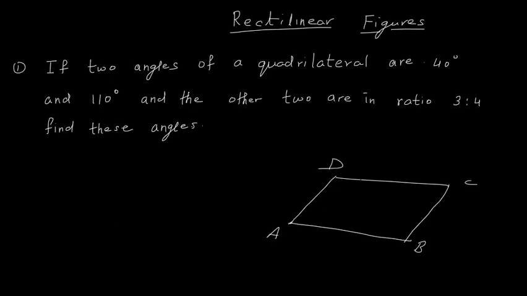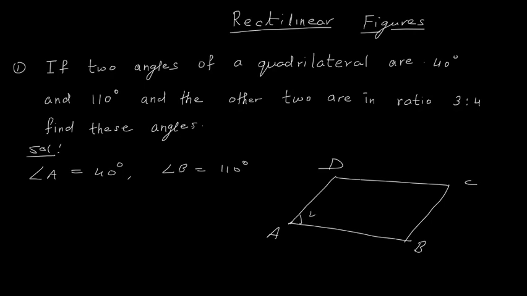This is the quadrilateral. In this, we have given angle A. So here I am writing the solution. Angle A is given 40 degree. Angle B is given 110 degree. So two angles are given.